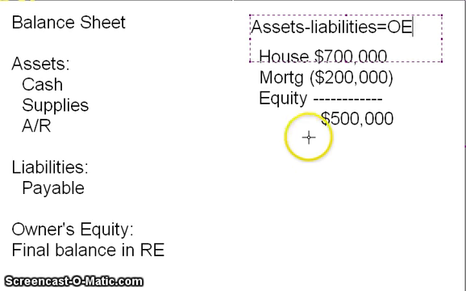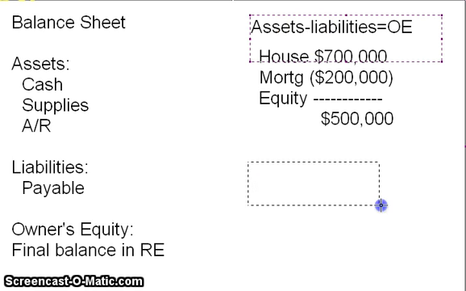And if you think about it, if you had all of these assets and you subtracted all the liabilities, everything that you owed to somebody, right? Everything was gone. You paid everything off. What's left over in your business would be your equity in the business. So with that, you can have assets minus liabilities equals owner's equity.